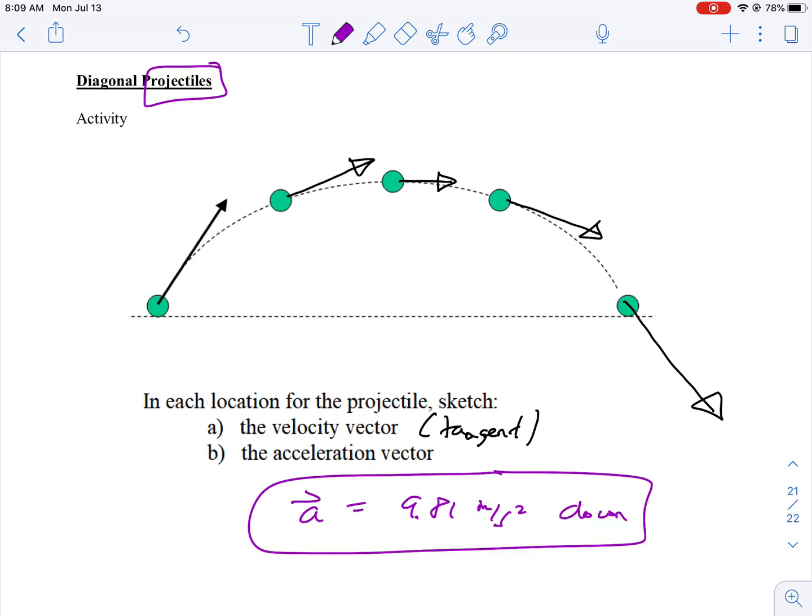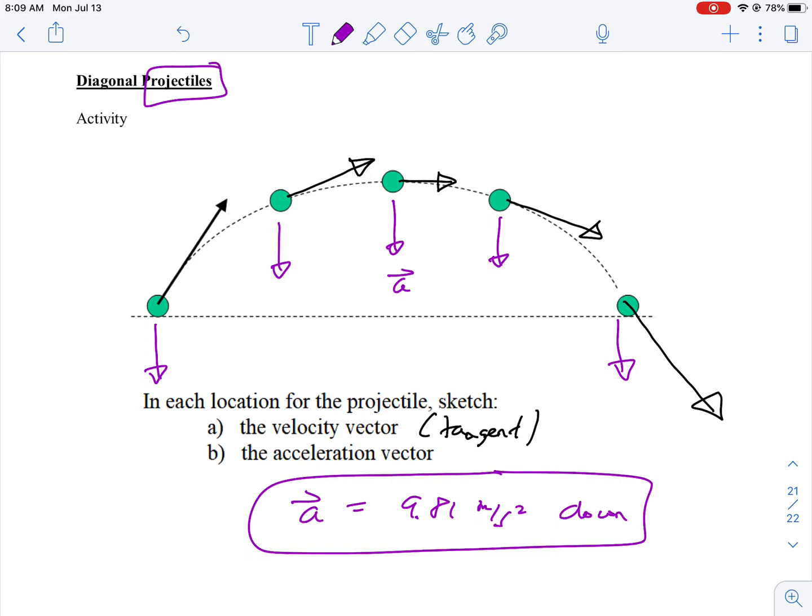So if you really wanted to show that, you would have the downward acceleration, and it's the same all the way through the entire motion. It's a constant acceleration all the way through. Good to know. It doesn't change while it's flying through the air as long as there's no air resistance.